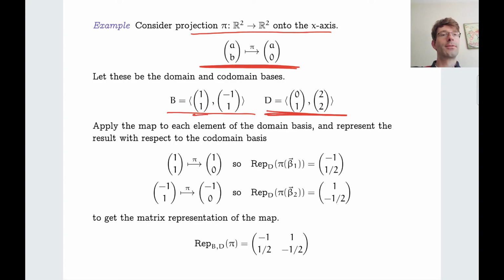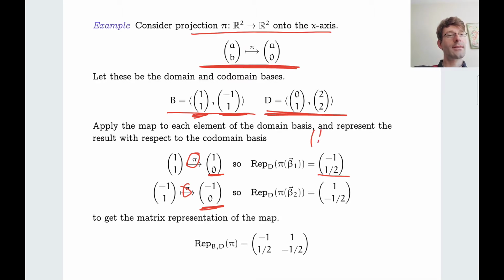So we take the two input basis vectors, apply them to our linear map, now called pi. And then the result of applying pi to the basis elements, well, the results are (1, 0) and (-1, 0). And we represent them with respect to the output basis. So for example, if we represent (1, 0) with respect to the output basis, we get this vector.